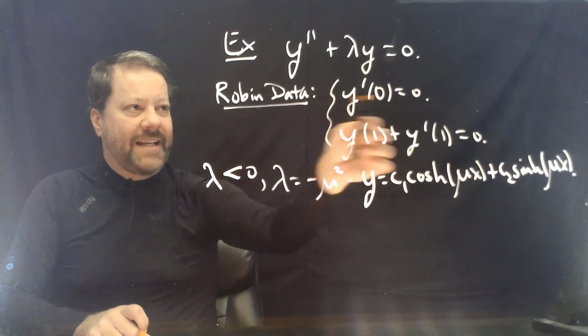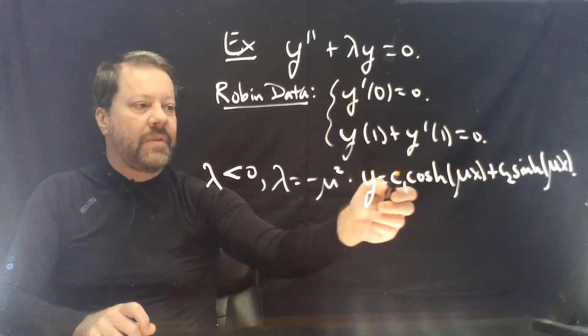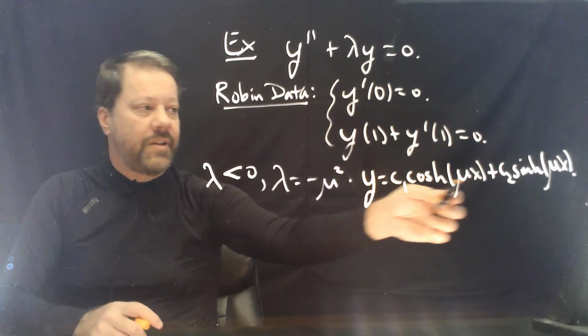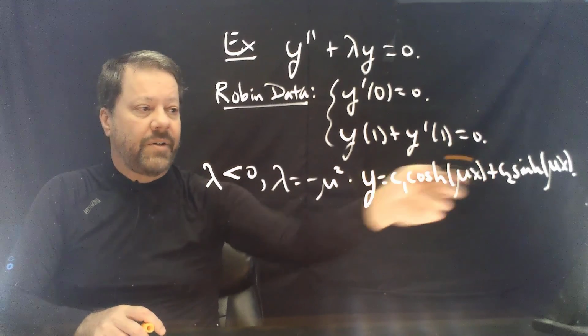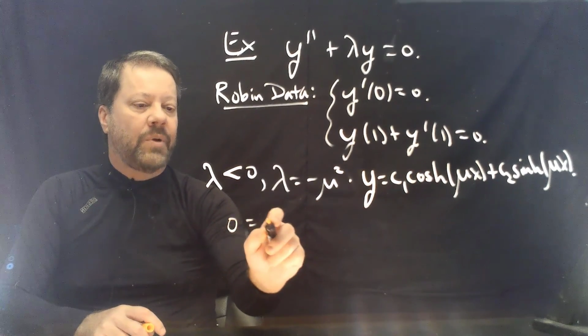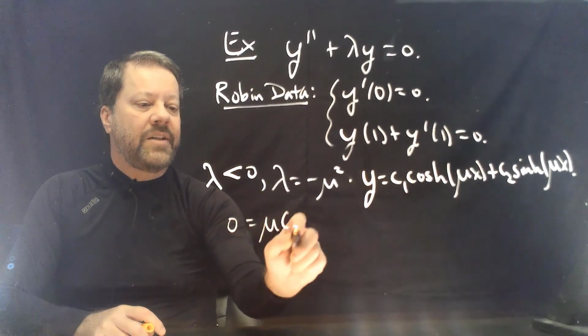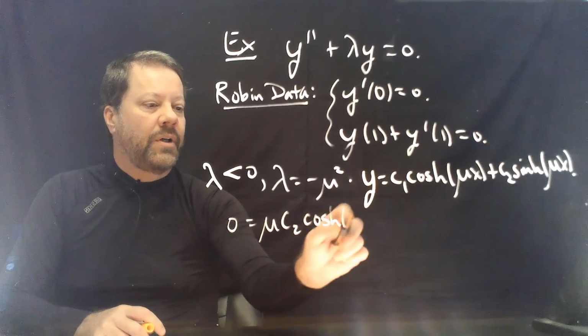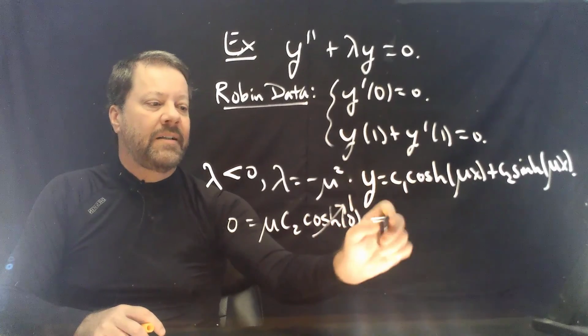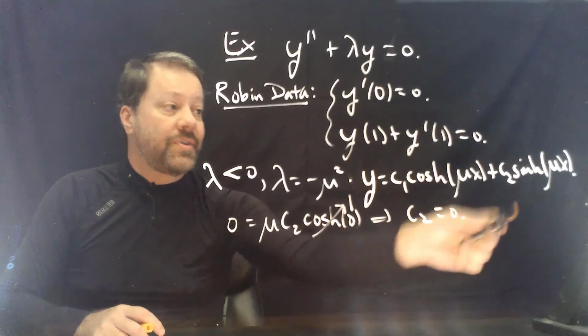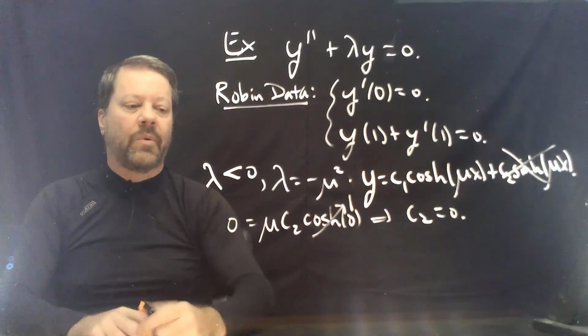Notice that if we take the derivative and evaluate at 0, the derivative of cosh is sinh, and the derivative of sinh is cosh. So sinh at 0 is going to be 0. You'll have 0 equals mu c2 cosh at 0, which is 1. Mu is not 0, and that implies that c2 is 0. So these terms all go away.